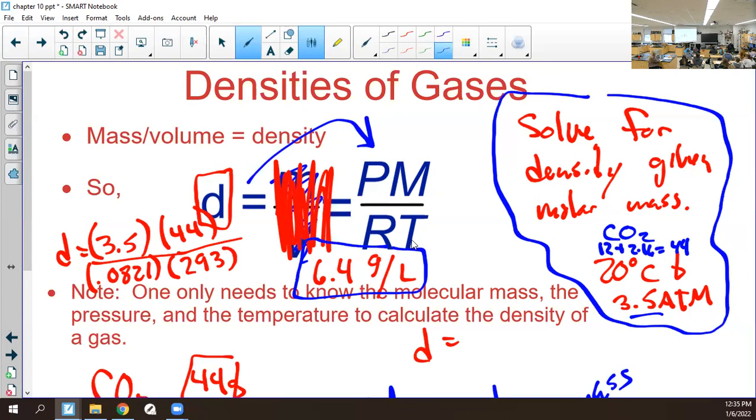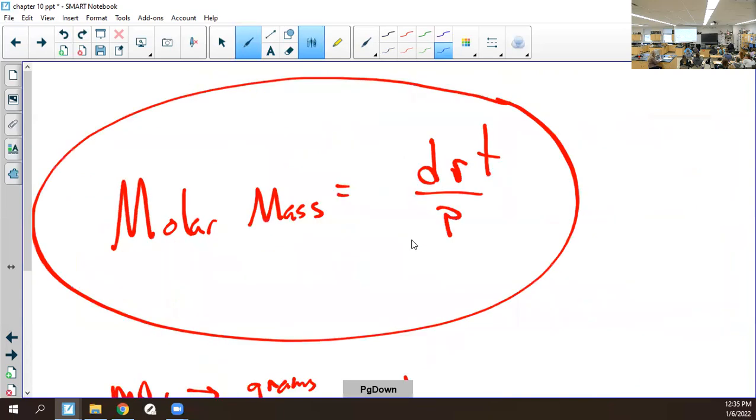We use its twin, which is better. Not better, but it's asked more. If we rearrange this same equation so I have molar mass isolated, it equals dRT over P. And this is the version that is tested 99% of the time.